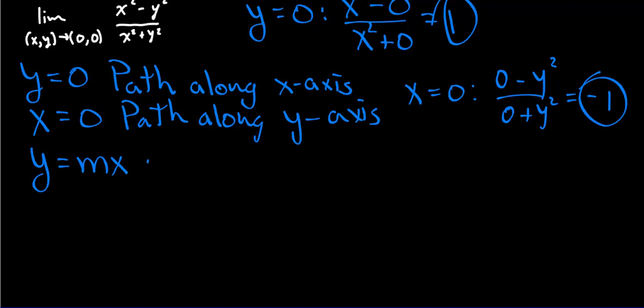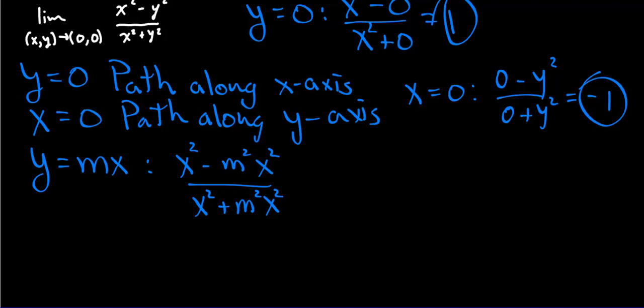Well, let's see what happens then. I get x squared minus m squared x squared over x squared plus m squared x squared. That's if I replace the y's with mx. So I'm taking a different path now.